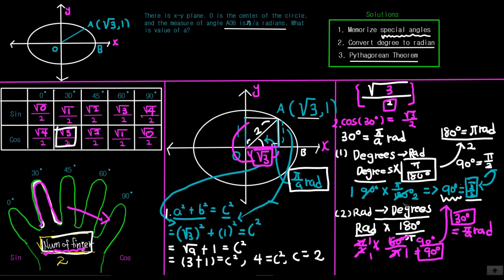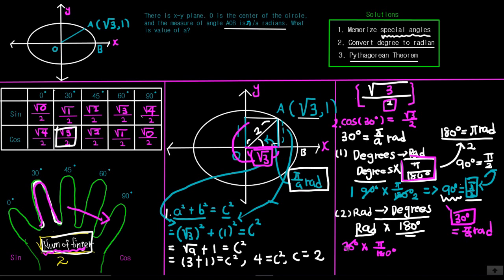The way to do it is to multiply pi over 180 degrees to the degrees, which is 30 degrees times pi over 180 degrees.